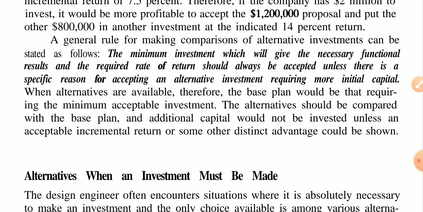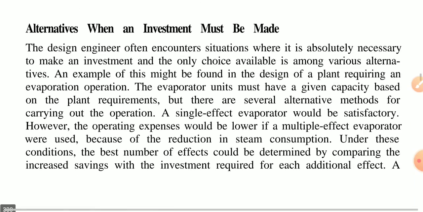When alternative investments are available, the base plan would be the one requiring the minimum acceptable investment, and the alternative investments should be compared with the base plan, and the additional capital would not be invested unless there is an acceptable incremental return or some other distinct advantages could be shown on this basis.